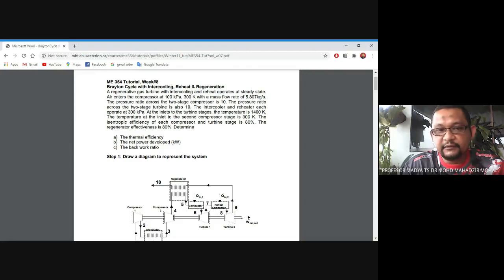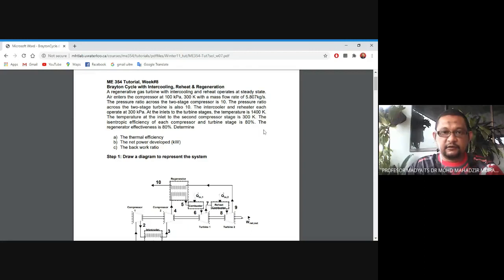The isentropic efficiency for each compressor and turbine stage is 80%. The regenerator effectiveness is 80%. Determine the thermal efficiency, the net power developed in kilowatts, and the back work ratio.